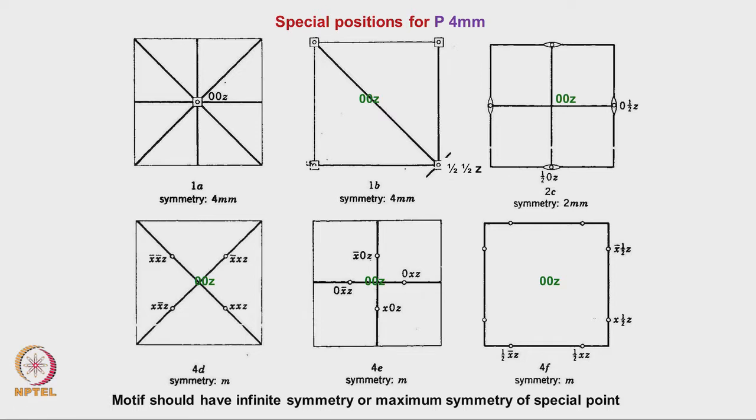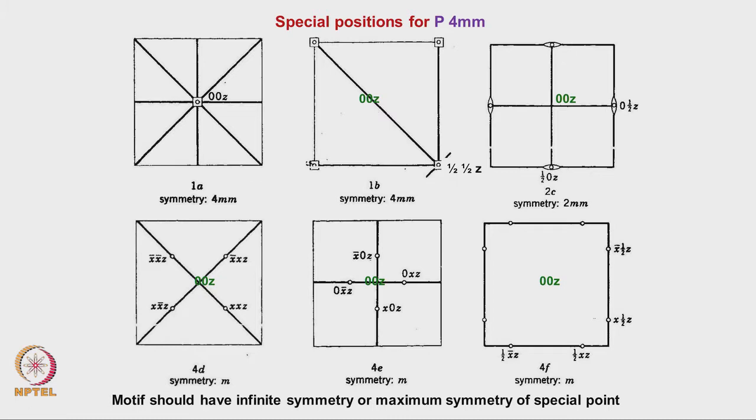But what is essentially important is that suppose I put one type of atom here, and the same type of atom at this point, then this essentially is P4mm, correct? And if I put one here and an identical atom here, so that one has come at the middle, then the symmetry changes to I4mm.